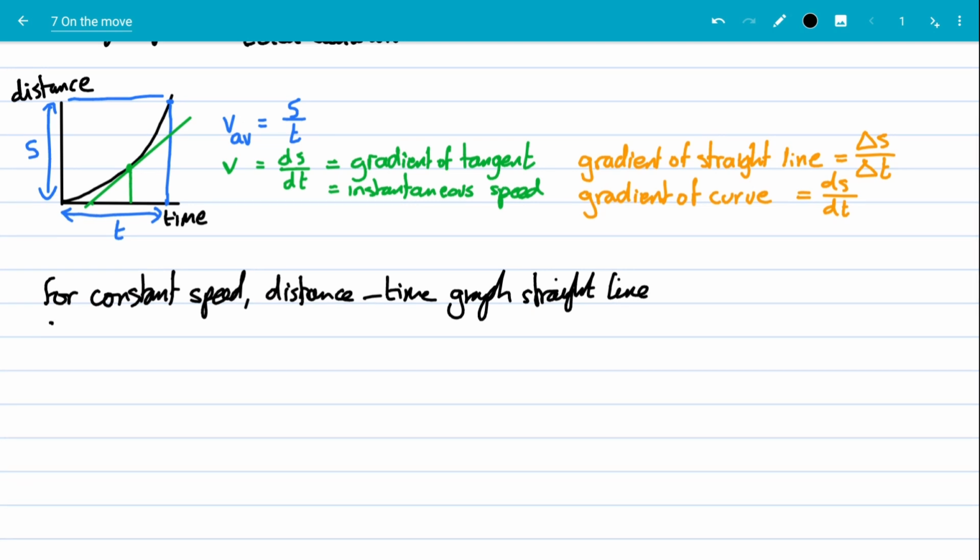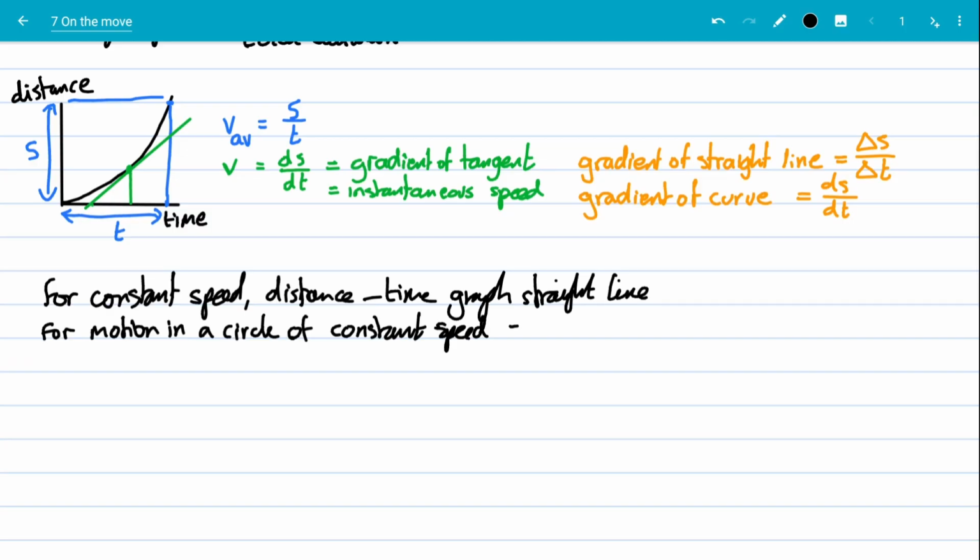So we could say for motion in a circle of constant speed, how do we calculate what that speed is? Well, it's the same thing. We could say that the speed, so that's v, which would be the average speed or the instantaneous speed, because if we've got constant speed, the average speed will be the instantaneous speed by definition.